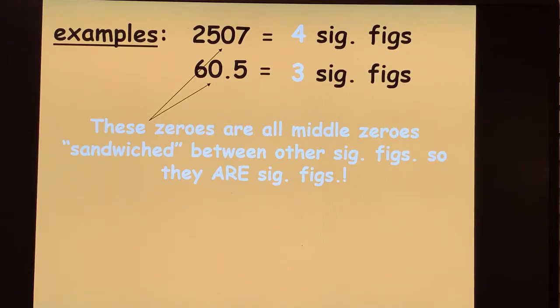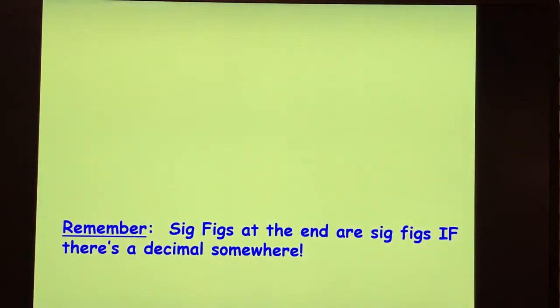And I do believe zeros is spelled incorrectly on this slide. I did not make it. So anyway, the point is that if a 0 is captive, it is significant, okay? It's meaningful.